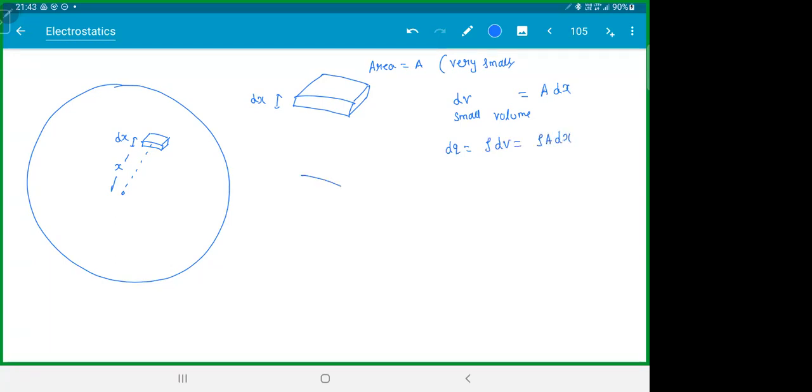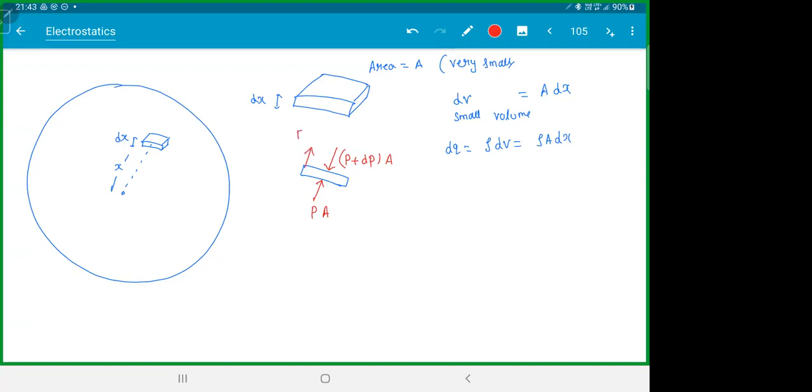Now on this small piece, if you observe, there's a pressure from outside, P plus dP, into area, pushing inside. There's a pressure from inside, P, into area. So because of the small charge, the pressure inside and outside is P and P plus dP. Make sense? And what about the repulsion force?